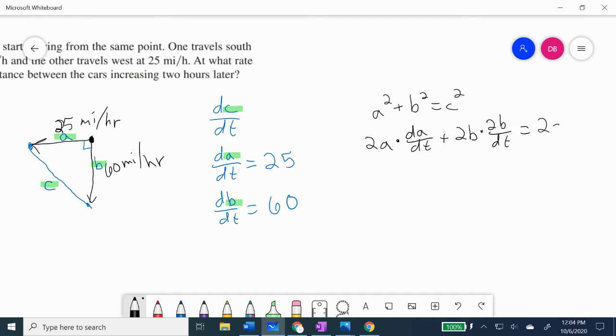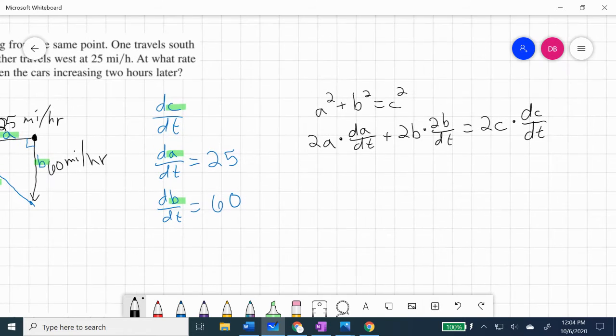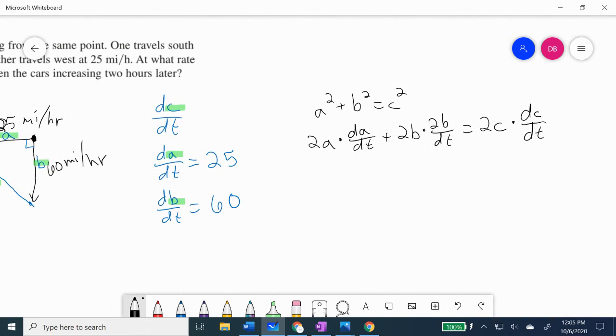And 2 times blah times the derivative of blah with respect to time. And once I have taken the derivative with respect to time, then I'm going to plug and chug. We know dA/dt is 25.